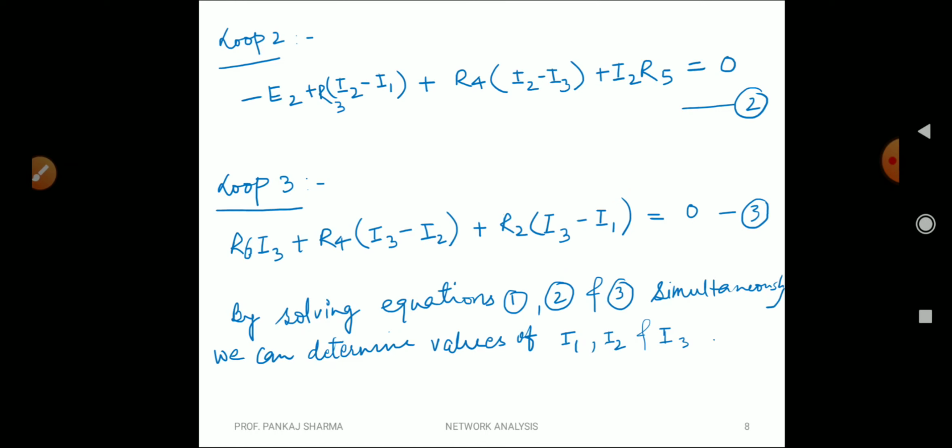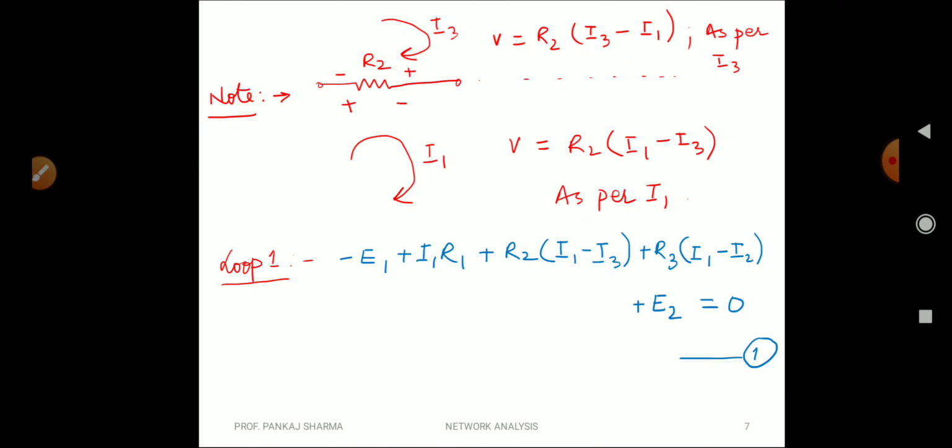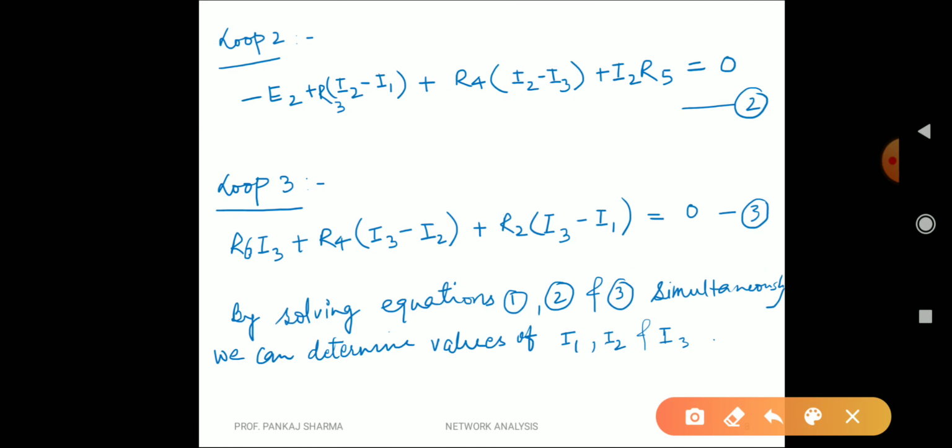For loop number 2, it is minus E2 plus R3 into I2 minus I1 plus R4 into, what is the difference of current flowing across R4 from loop number 2? It is I2 minus I3 plus I2 R5. Call it equation number 2.